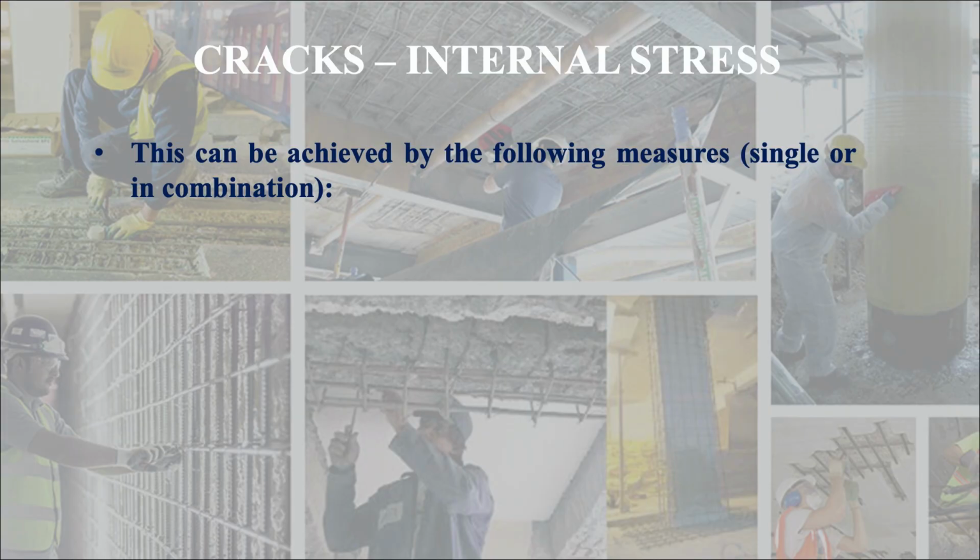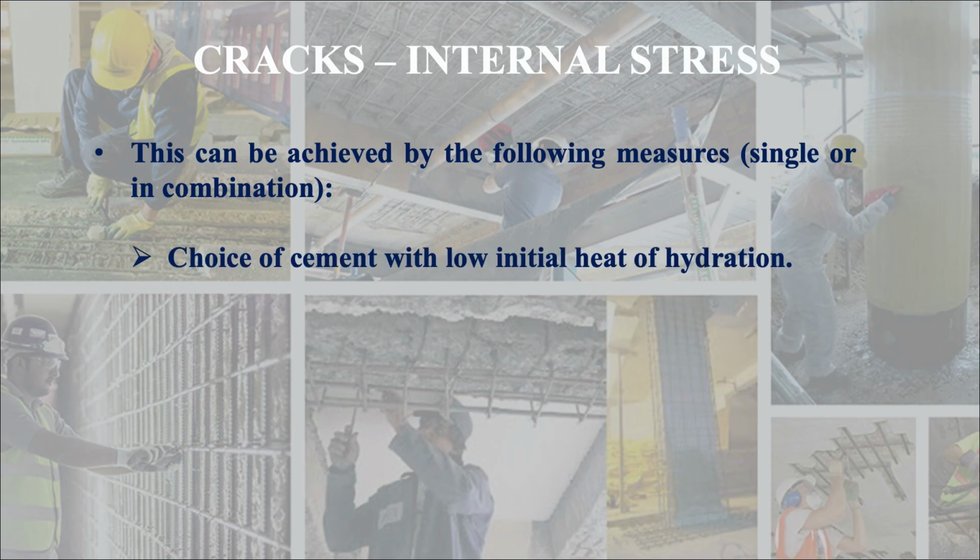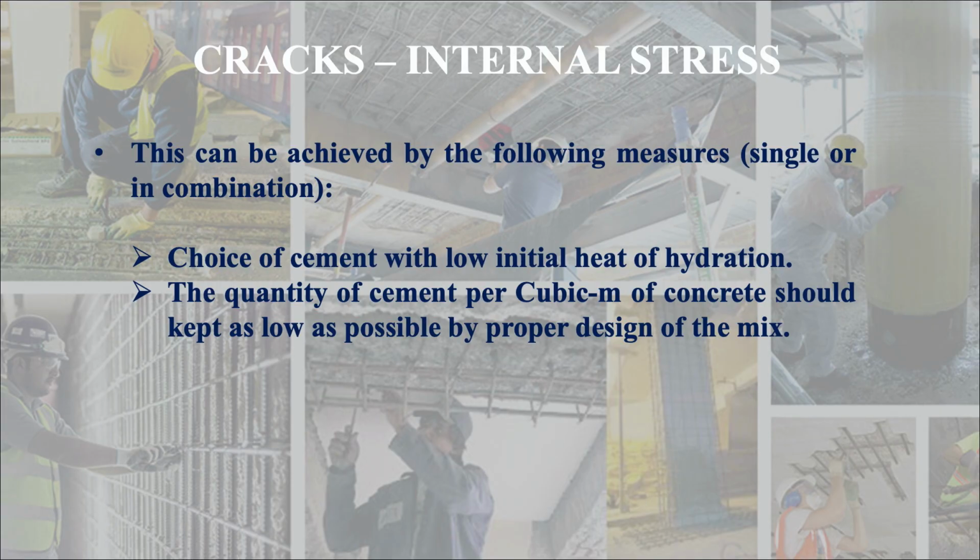So the first measure is choice of cement with low initial heat of hydration. Means if you are using cement with low initial heat of hydration, then you can reduce the cracks to a certain extent. The quantity of cement per cubic meter of concrete should be kept as low as possible by proper design of the mix.